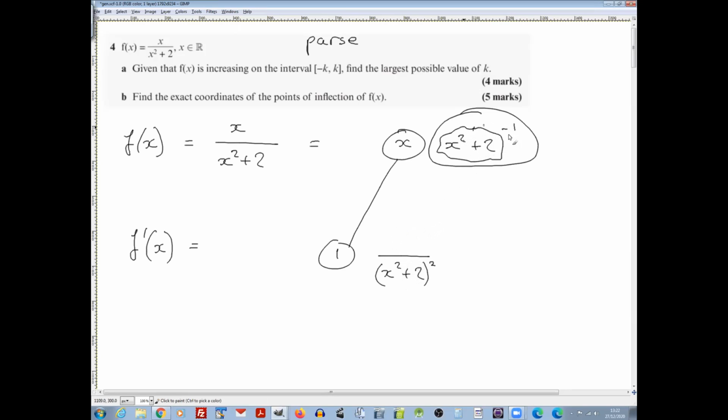I'm not tampering with this expression really, I'm just rewriting it in an equivalent form. 1 over x squared plus 2. I could square the bottom and put what on top? I thought it would just be 1 still. Well, no, because 1 over just that isn't going to be the same as 1 over the square of that.